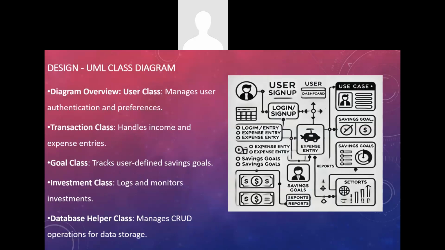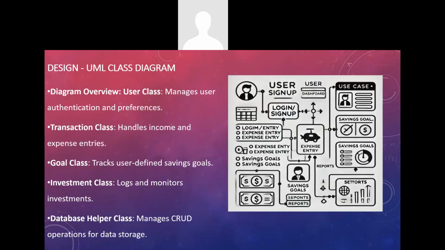We also designed a UML class diagram. This UML diagram represents the main structure of our app, showing the relationships between classes. At the core, we have used User, Transaction, Goal, and Investment classes. Each of these classes has specific attributes and methods.